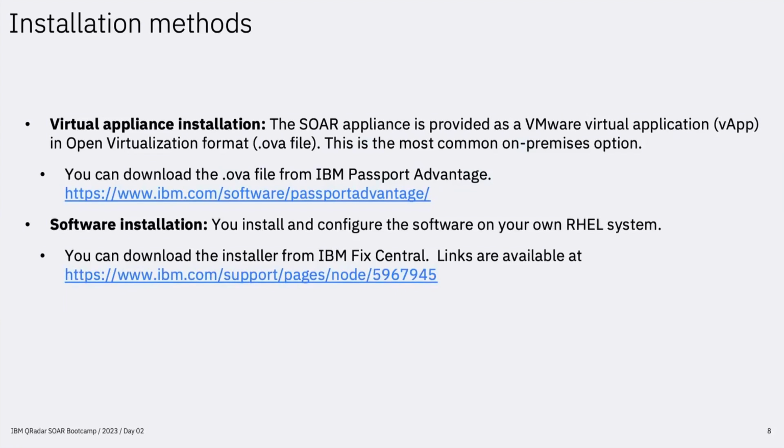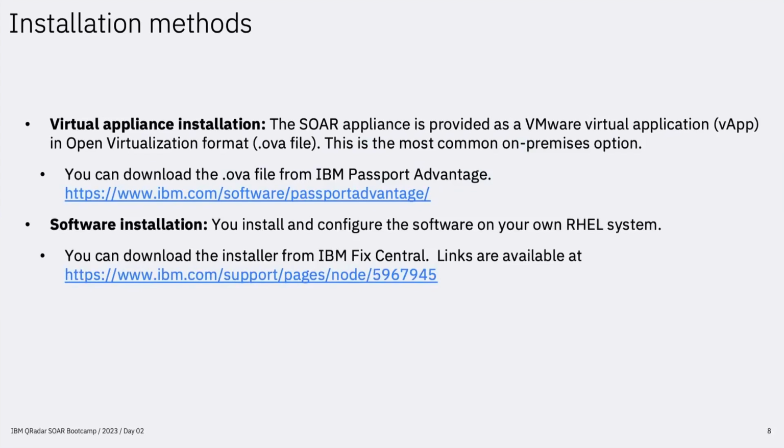Now let's look at the installation methods for SOAR. If you plan to install QRadar SOAR platform, known as on-prem configuration, there are two options available. One is the virtual appliance installation. Second is the software installation. Now in virtual appliance installation, you'll be provided with an OVF file, which is the open virtualization format.